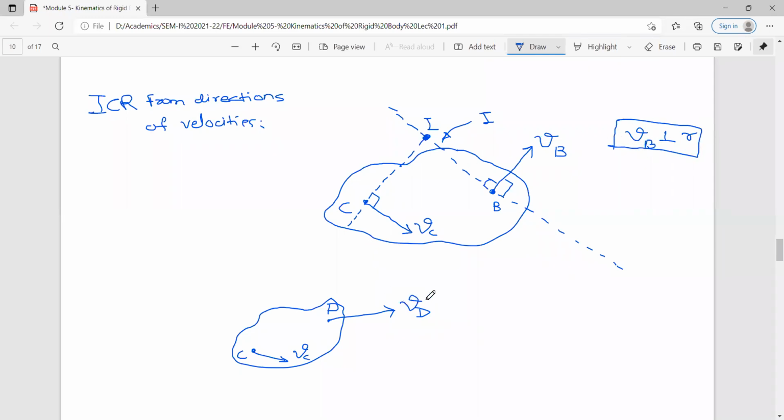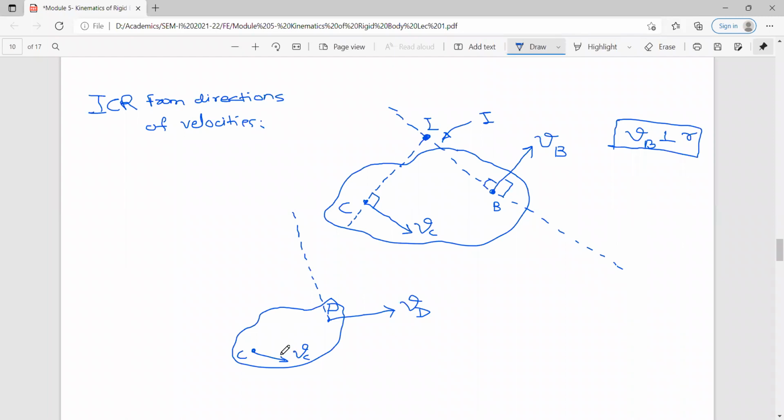See, this is the velocity direction, draw perpendicular to it. You can draw this perpendicular upward or downward, because you don't know actually where your ICR is. तो ये upward भी जा सकता है और downward भी जा सकता है initially. Similarly, for the velocity of point C and point D, दोनों का center same है.